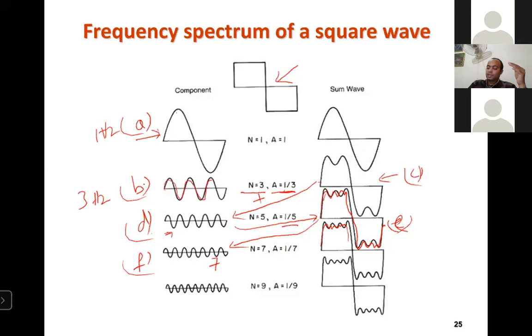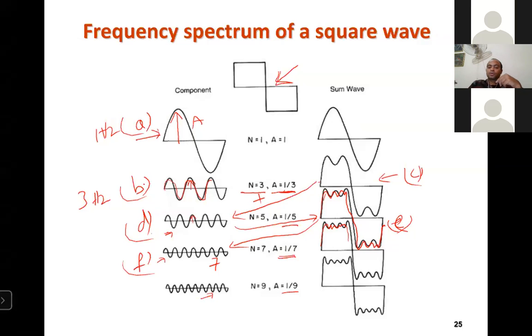If the original signal has an amplitude of A, the third harmonic has an amplitude of A/3, the fifth harmonic A/5, the seventh harmonic 1/7, and the ninth harmonic 1/9. Like this, if you go on adding, finally it will be a pure square wave.